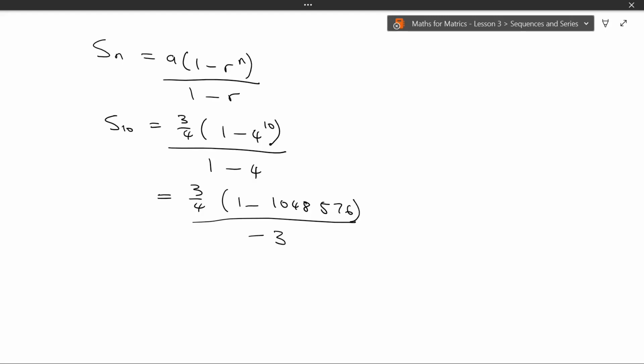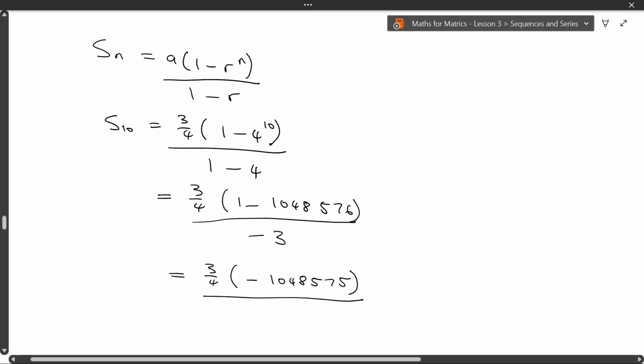1 minus 1,048,576 is equal to minus 1,048,575. So we are left with 3 over 4 times minus 1,048,575 divided by minus 3.